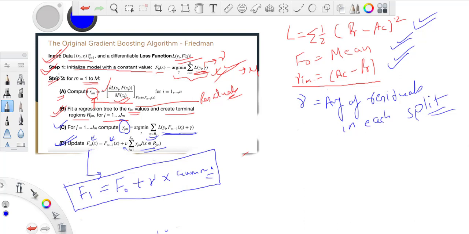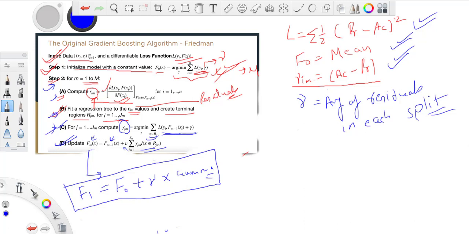In a similar fashion, I can go for the second tree. I can calculate these residuals again, fit a regression tree to those observations using residuals, and calculate gamma, which minimizes this loss function, which will be the mean. And update my model.